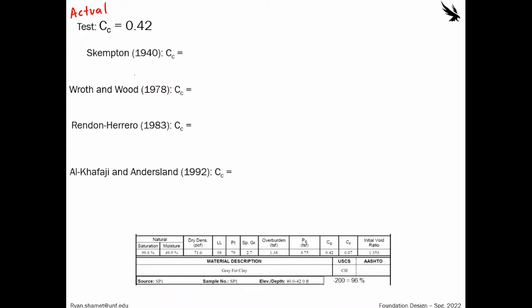And then the ones from like the 1940, this guy, the Skempton relationship, this was 0.009 times the liquid limit, which is down here, so 98, so liquid limit minus 10. So that equals 0.009 times 98 minus 10.